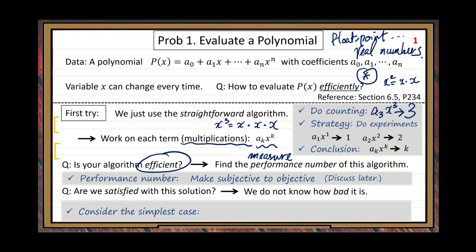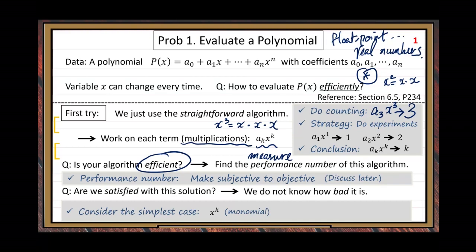Let's consider x to the k. Let's drop that coefficient part, because we want to make things as simple as possible. This representation we call a monomial. Only one term, and we drop the coefficient. We only look at the power of x part, x to the kth.